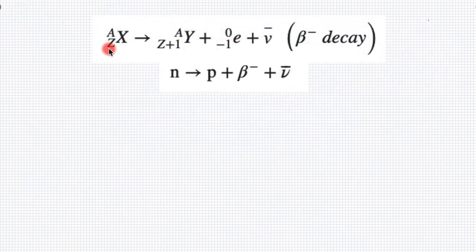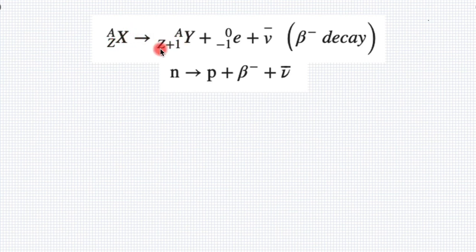So if we were to write a nuclear reaction or an equation representing this beta minus decay, or this electron decay, then we use our conventions, A being the atomic mass number or the nucleon number, and Z being the proton number or atomic number, X being the element.